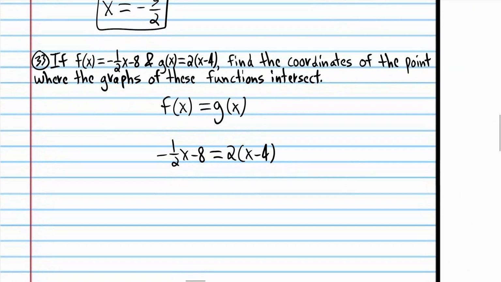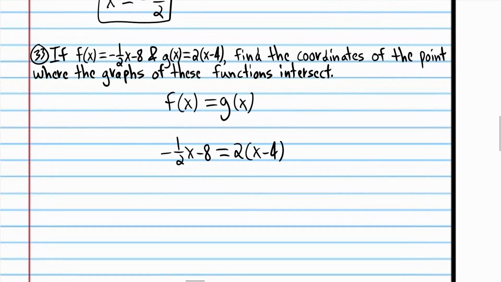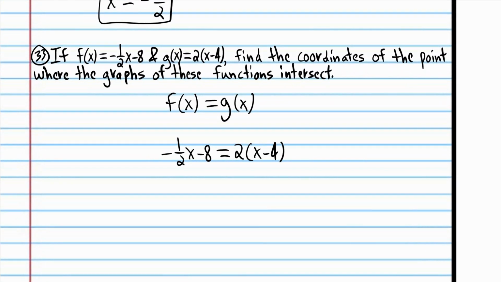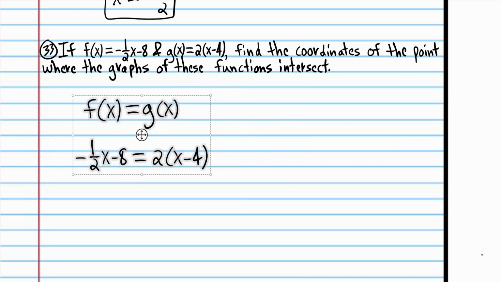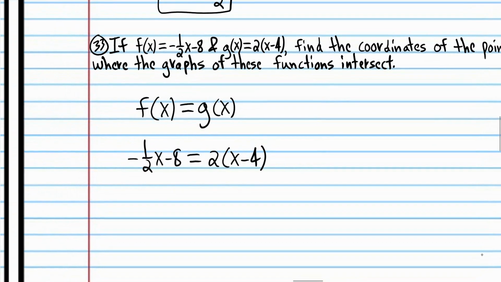Then we just solve, and then we have our x value that we're looking for. And then use that corresponding x value to find the necessary y value of the point.